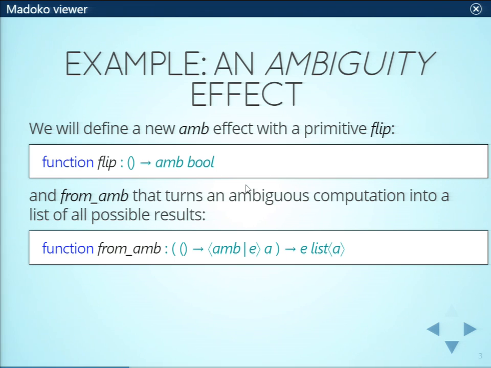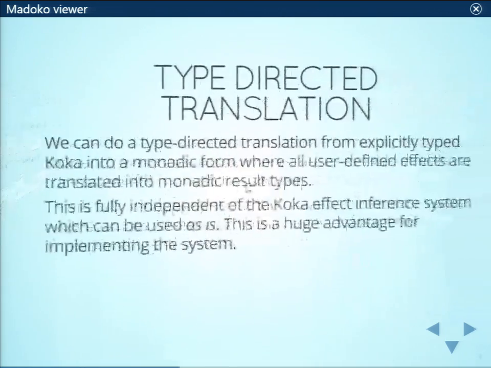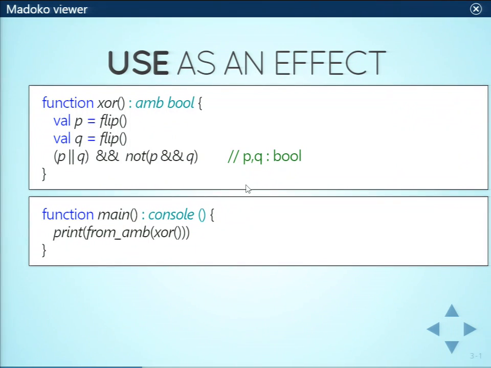And then I get from amp, and it says, well, give me some computation that has an ambiguous effect, and I'll give you all its possible answers. So flip will really do both true and false, and then you can maybe later get a histogram or something of all results possible. And a program would look like this.